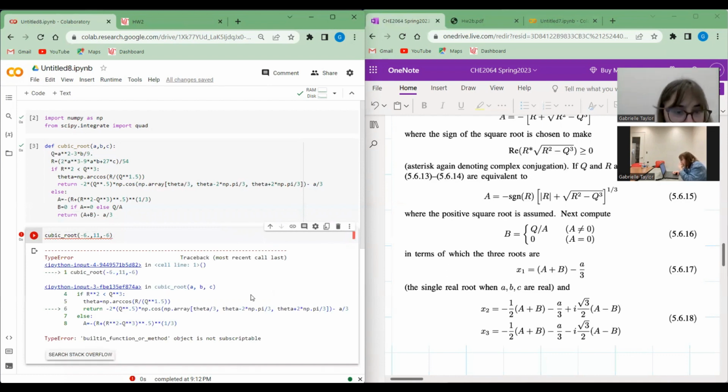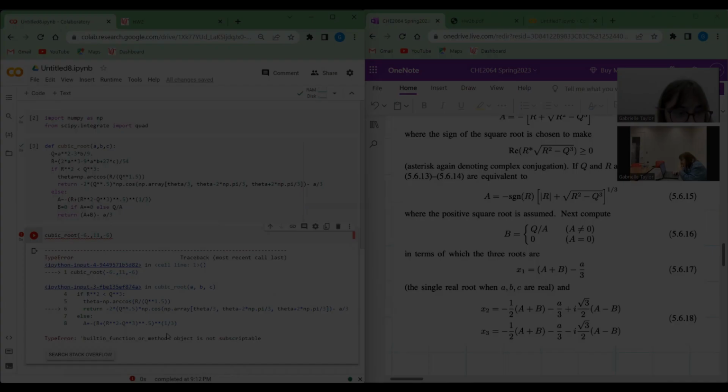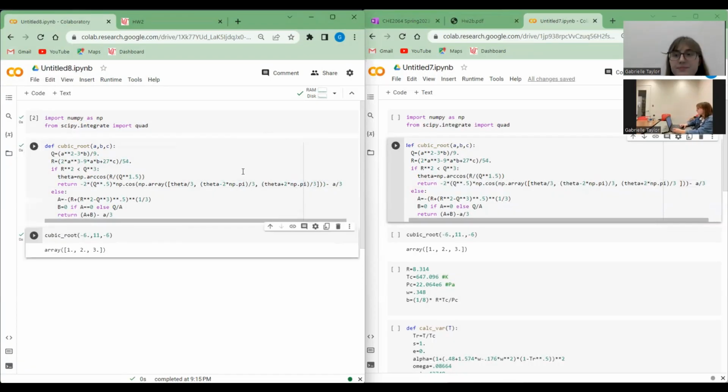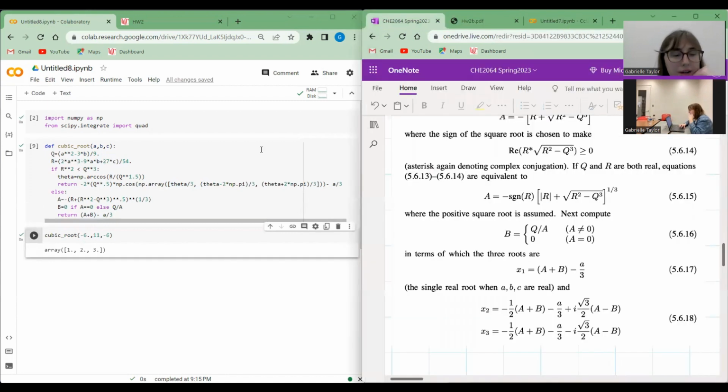Okay, so I just needed to put parentheses around the theta to fix that. So now the cubic root is fixed, so negative 1, 11, and negative 6 has a, b, and c as 1, 2, 3. So this is correct.